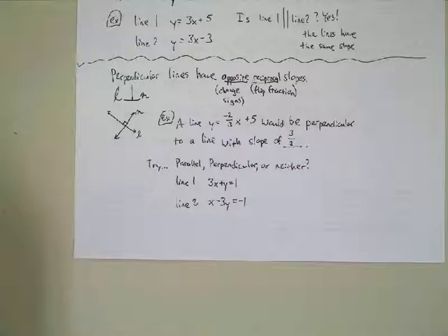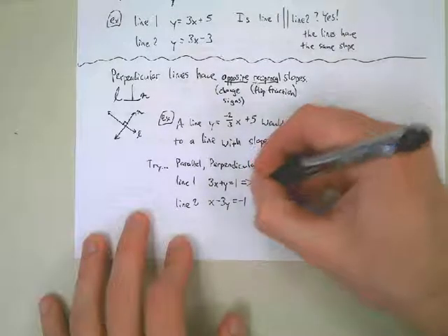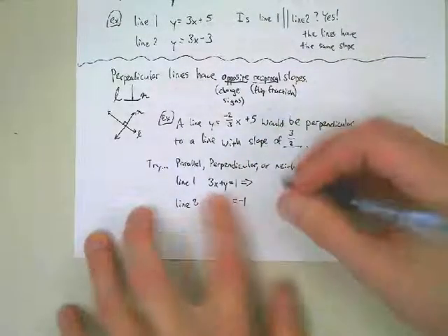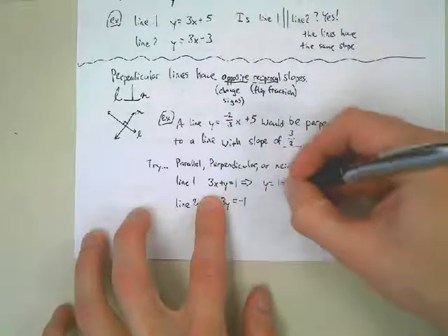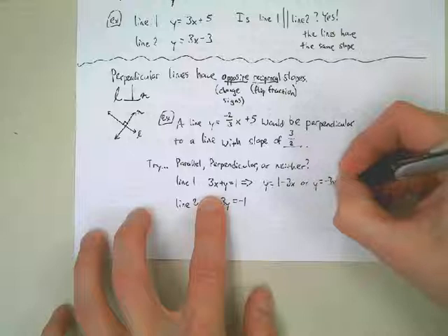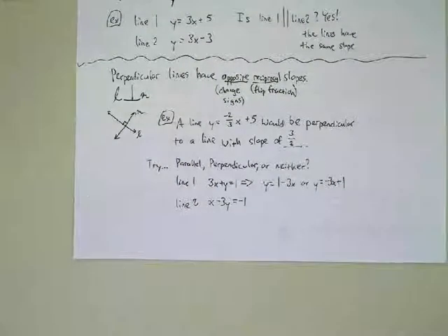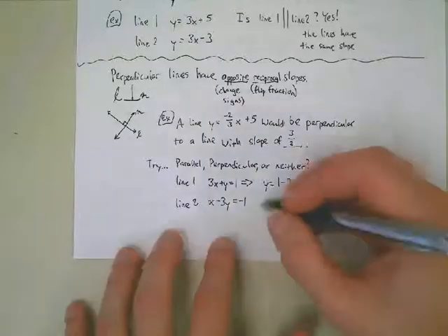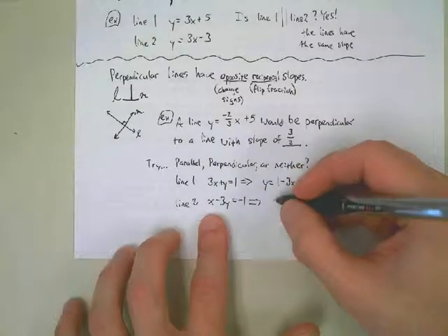So let's do that real quick here. If I subtract 3x from both sides, I get y equals 1 minus 3x, or if you like, we could make it y equals negative 3x plus 1. Okay. And then here for this one, let's see, we got to subtract x from both sides.